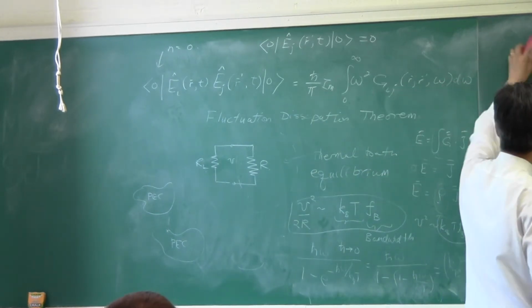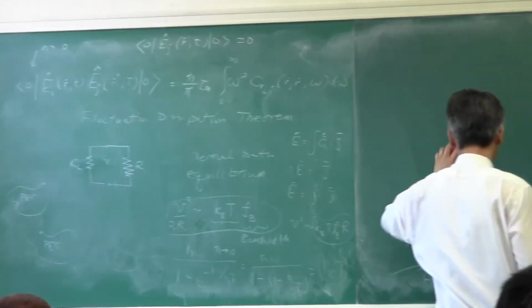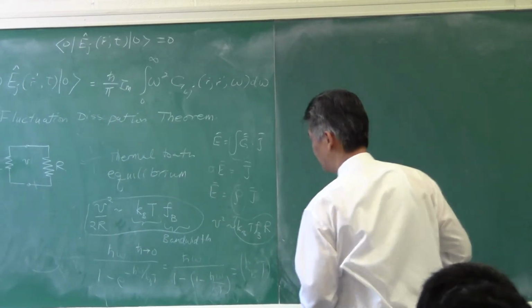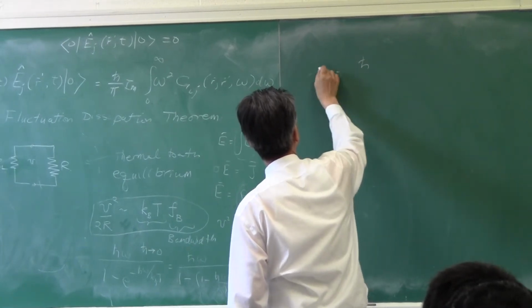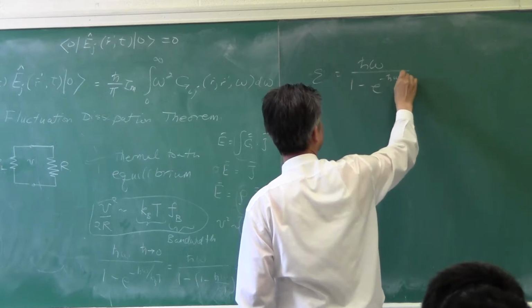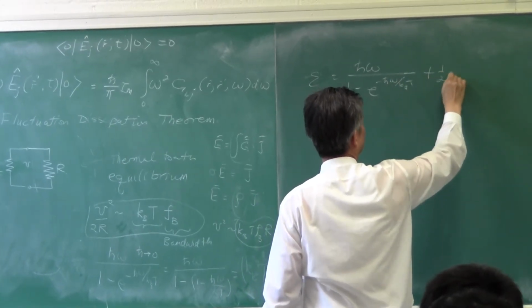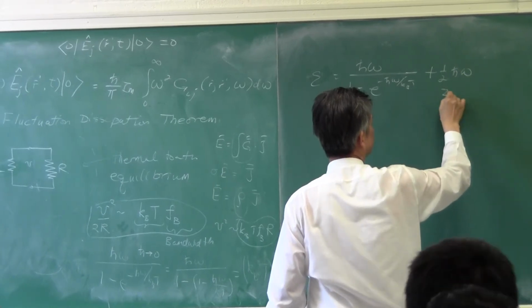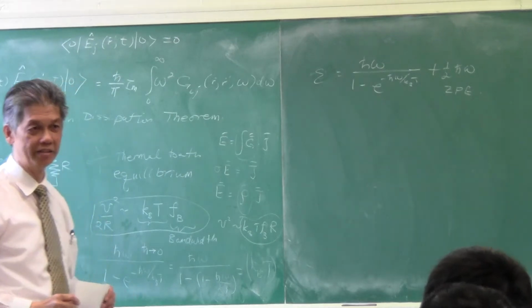Planck's radiation law, or Planck's distribution, should actually be rightfully augmented with an additional term. This energy E that we often use in Planck's radiation law is usually written like this. But Planck never included this term, which is a zero-point energy term.